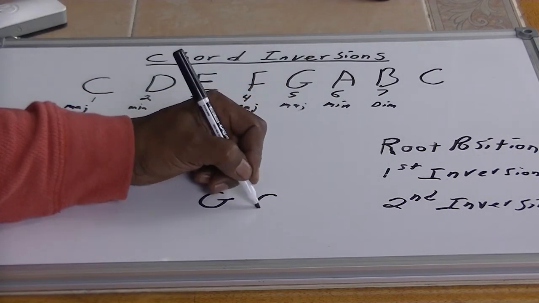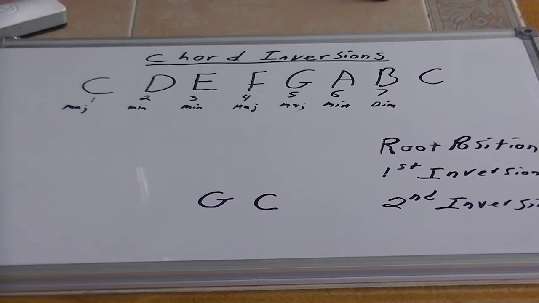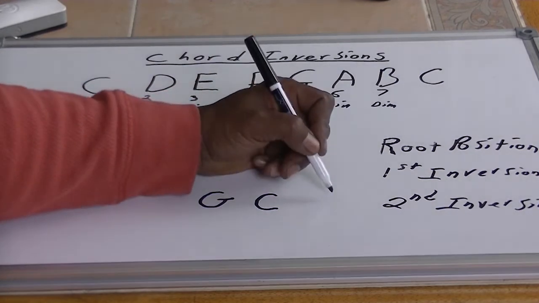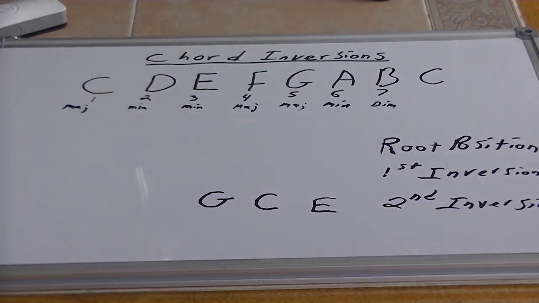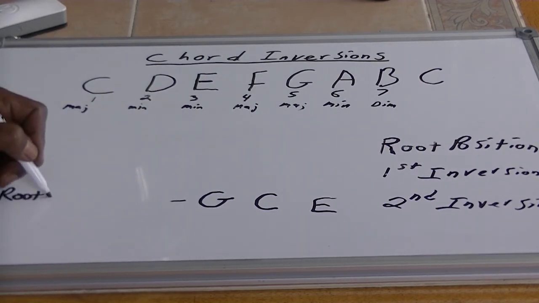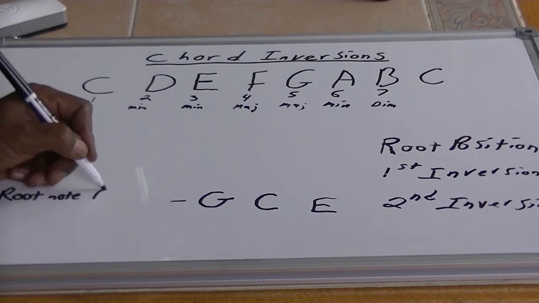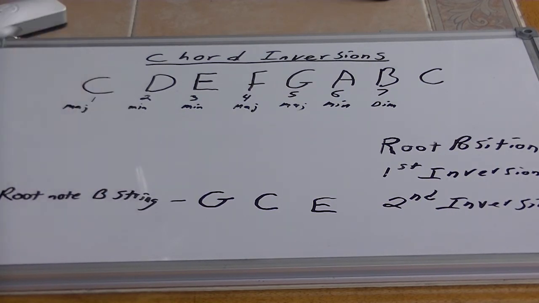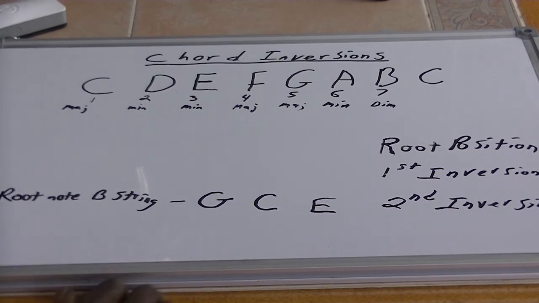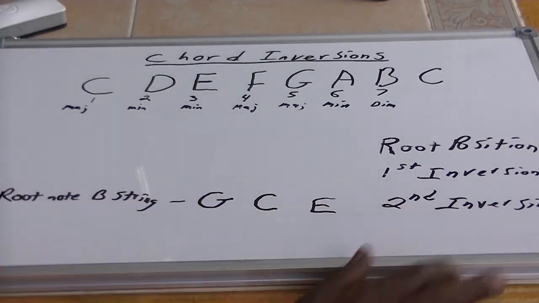So then we have the C, and finally when we go to the E string, we have the open E note. So this is our root note B string version of the chord. And as we can see, this is a second inversion.